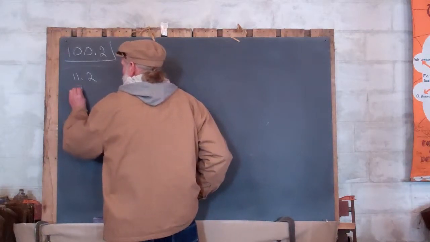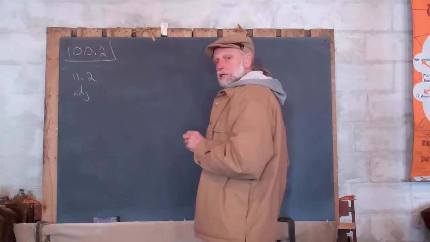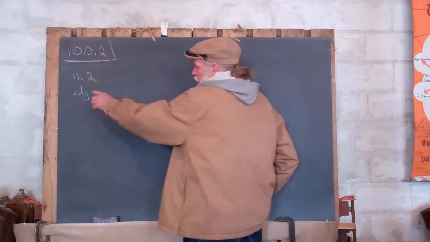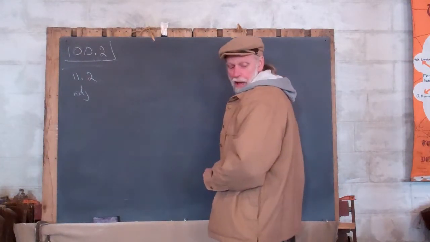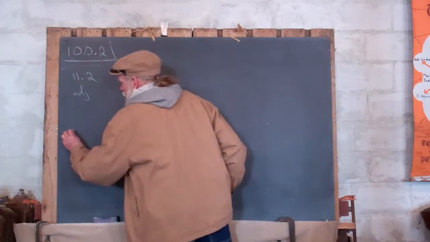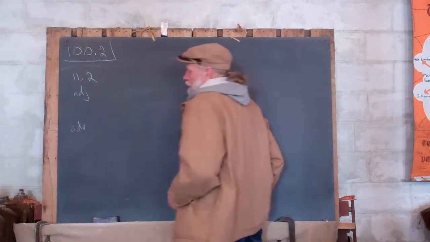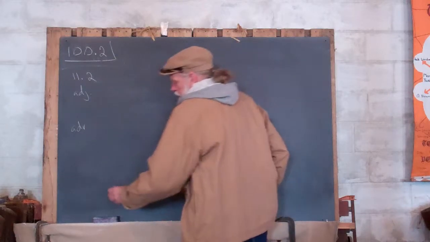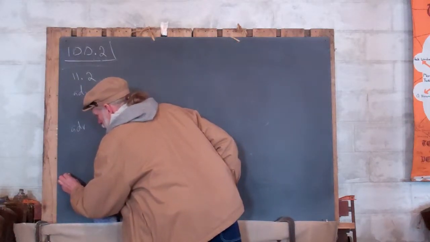Write down adjectives. You could just go ADJ. That would be fine if you've taken the course. Then about a third of the way down the page, put down adverbs.